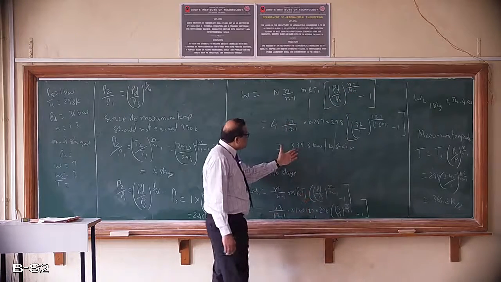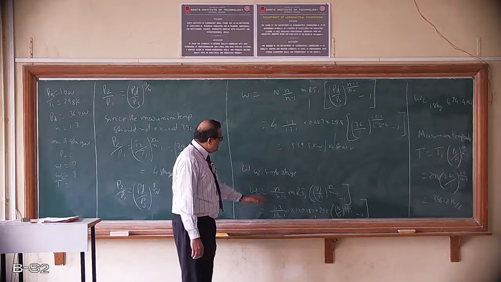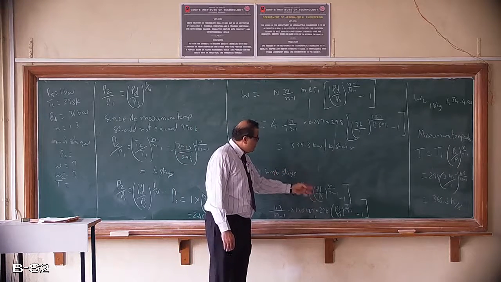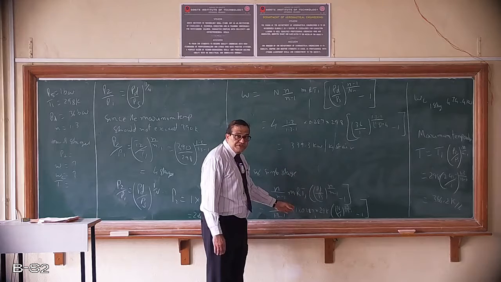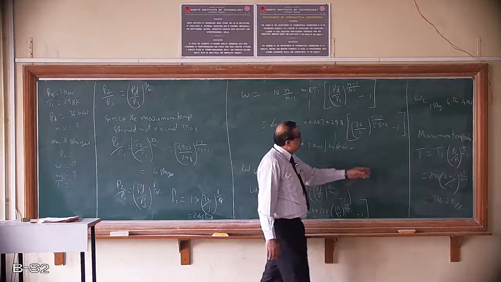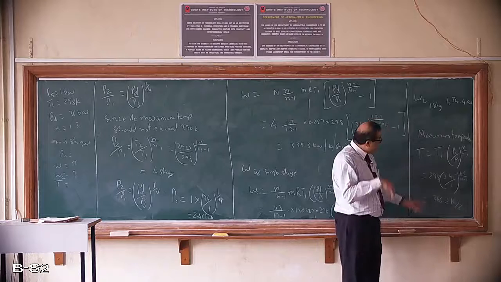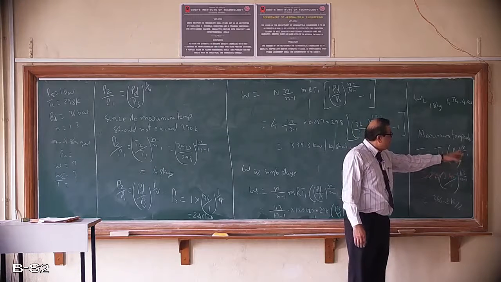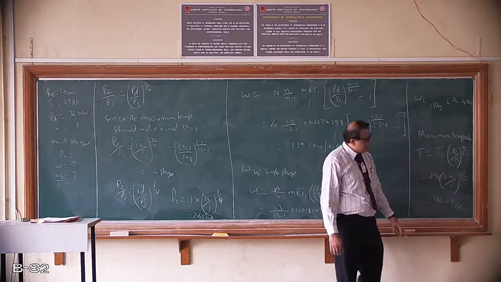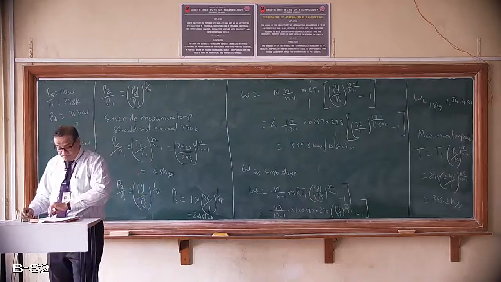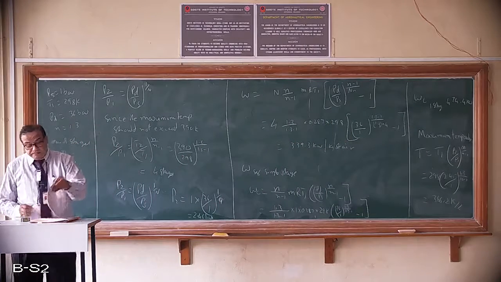So substitute, we get it as 339.3 kilowatts. If it is the same delivery pressure and the same intake pressure, for a single stage compression, work done is 474.4 kilowatts. Maximum temperature T is T1 into P2 by P1 to the power of N minus 1 by N. So we get it as 366.2 Kelvin. Okay.